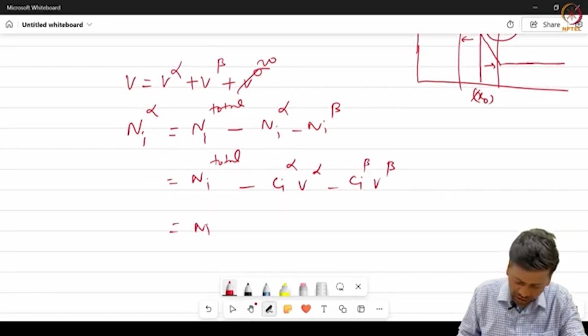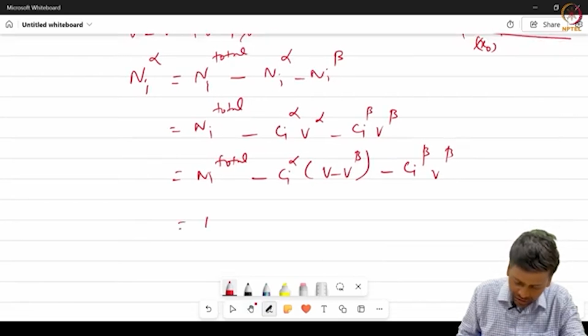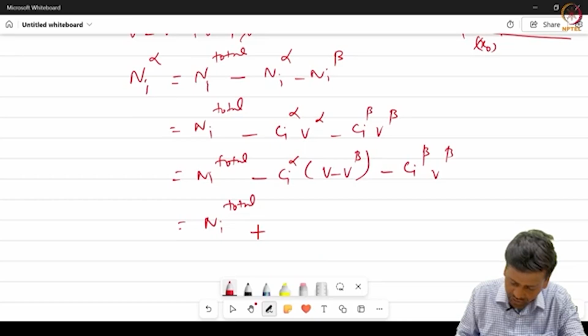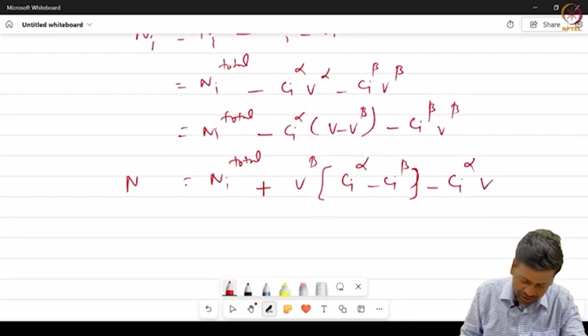Now I can modify this. V alpha I can rewrite as V minus V beta, minus Ci beta into V beta. So if you rewrite this, you can write this as Ni total, V beta is common, so Ci alpha minus Ci beta, and minus I also have Ci alpha into V. So this is Ni alpha.